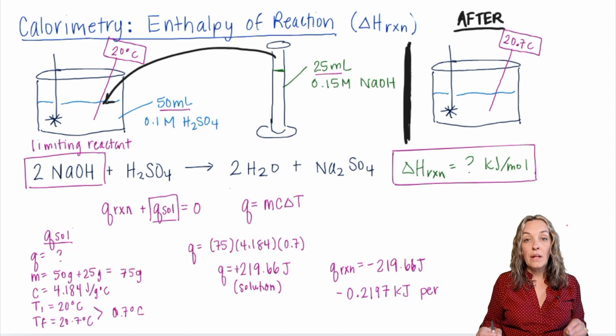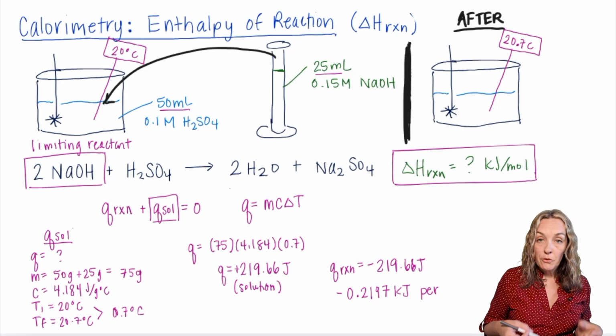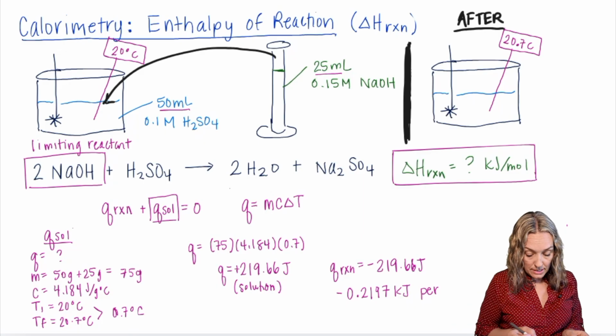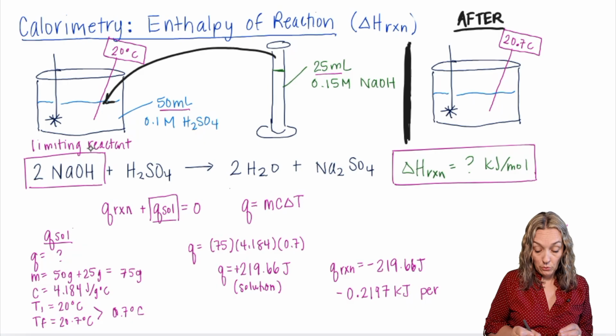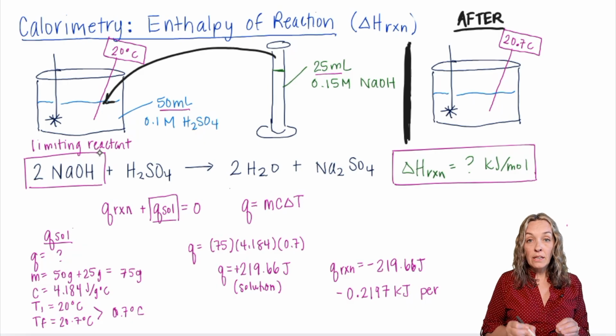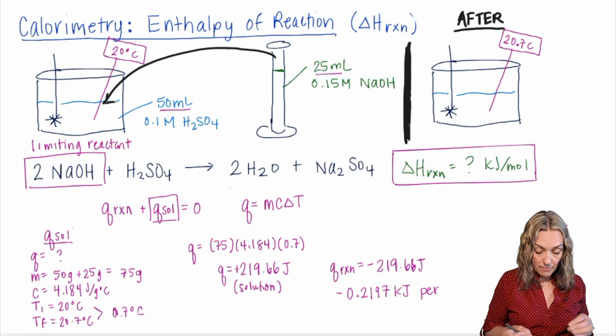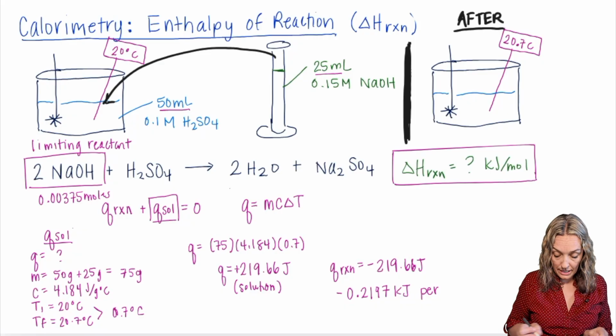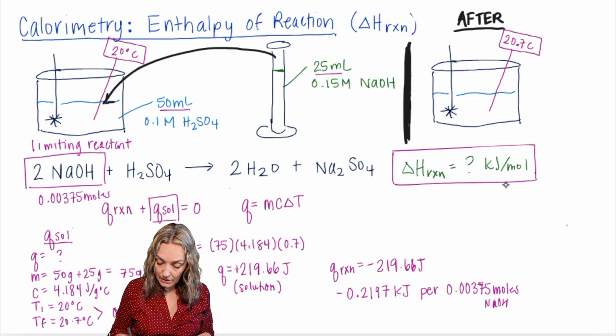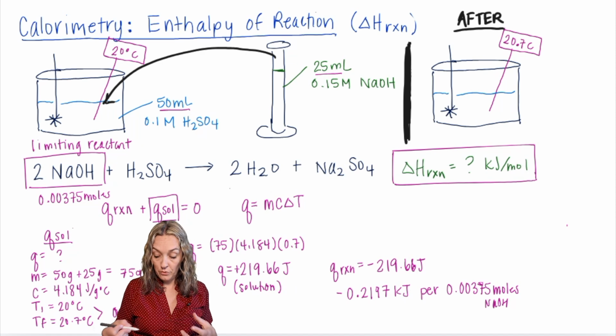But remember that I did not use a full mole in this reaction. If you remember back to our original calculations, I knew that NaOH was my limiting reactant. So my NaOH ran out first in this reaction, and I know that I used 0.00375 moles of that NaOH. Now, I would like to scale those kilojoules up so that it's kilojoules per 1 full mole.